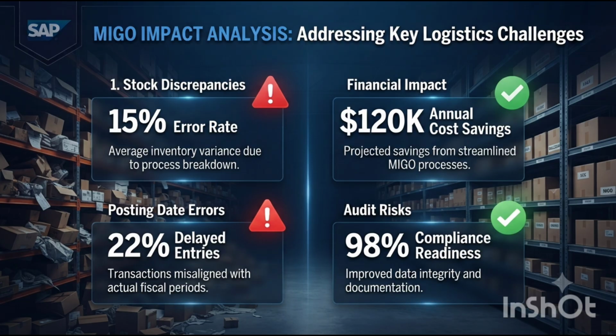Many companies lose thousands of dollars every month due to unresolved MIGO errors. In this video, we will learn how to identify these problems early and resolve them before they escalate. Proper troubleshooting saves time, money, and reduces stress for the entire supply chain team.